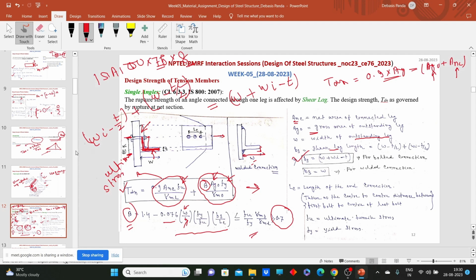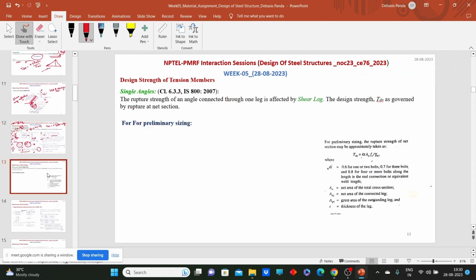Now while we design this kind of angle section, initially we don't know the size of the angle section. What should the size be? Will it be 100 into 75 into 8, or 75 into 75 into 8?